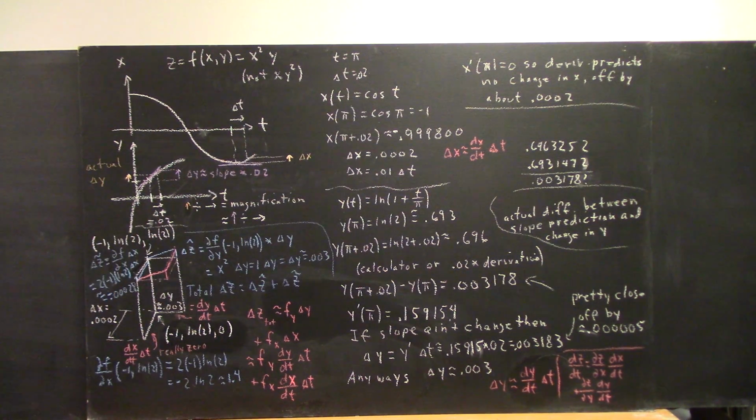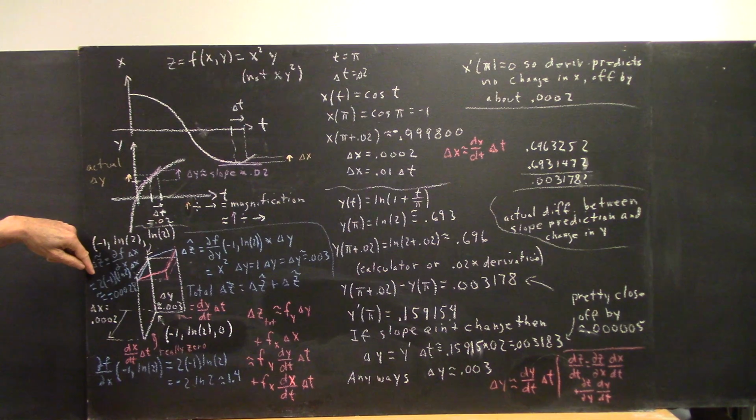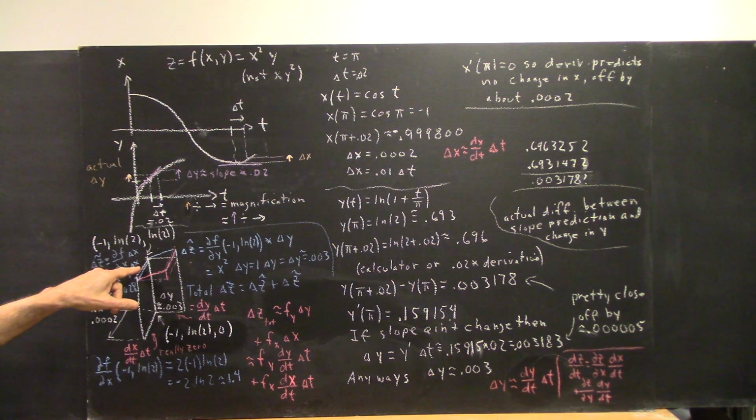Now in the x direction, and let me caution again, if we use the same idea here, the partial of f with respect to x is actually 0. Okay, so I'm kind of fudging when I say the partial of f with respect to x is equal to, well, first of all, it's equal to 2xy, 2 times the value of x times the value of y, times delta x.